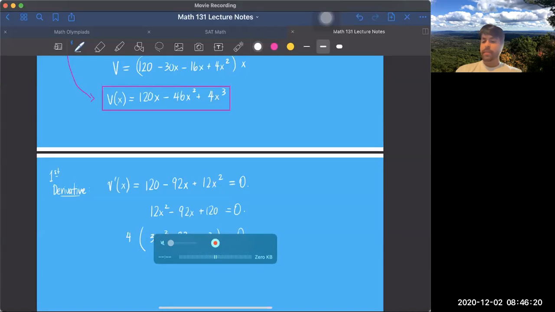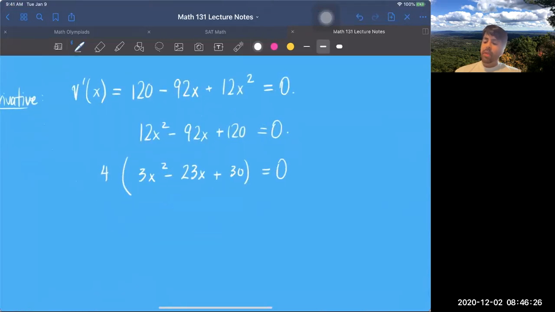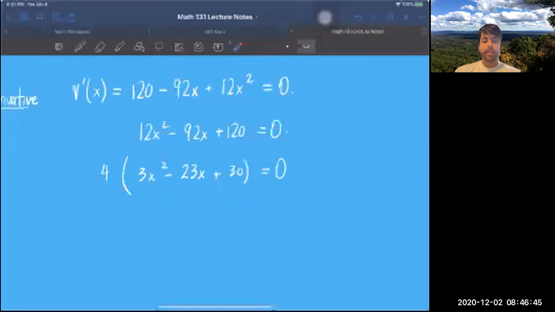Anybody out there? So normally we would try to see, right? If you multiply 3 and 30, what do you get? 90. And see what two numbers multiply to 90 and add up to 23. Are there any factors of 90 that when you add them up give you negative 23?